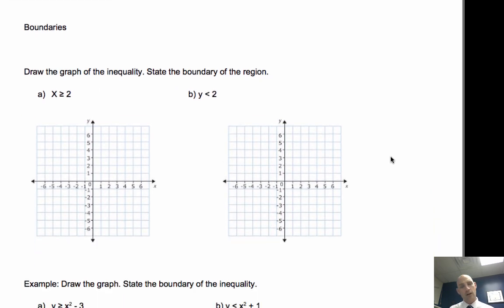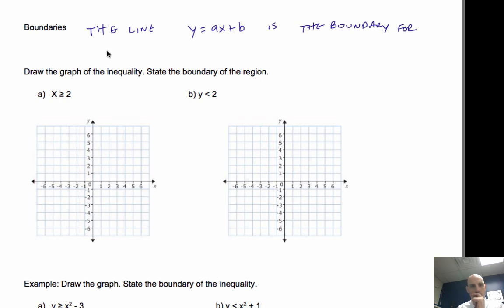So let's talk about boundaries. The boundaries are the lines. And so if I've got a line that I made from an inequality, that's the boundary. So the line y equals ax plus b is the boundary for y is, and we could say less than, greater than, less than or equal to, greater than or equal to ax plus b.